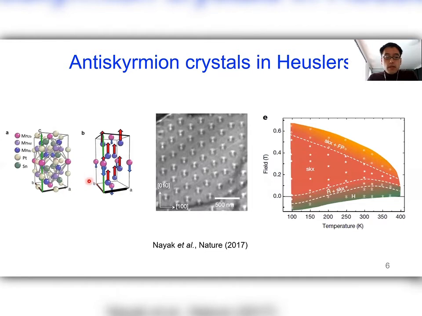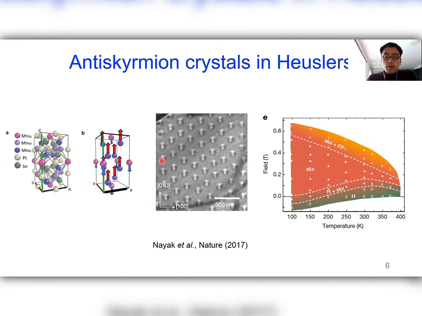So on the left-hand side, I show the crystalline structure of the Heusler materials, which has manganese atoms that form the ferromagnetic order. And the crystalline structure of this system has D2d symmetry, which allows the anisotropic Dzyaloshinskii-Moriya interaction. And this anisotropic Dzyaloshinskii-Moriya interaction can stabilize antiskyrmions.